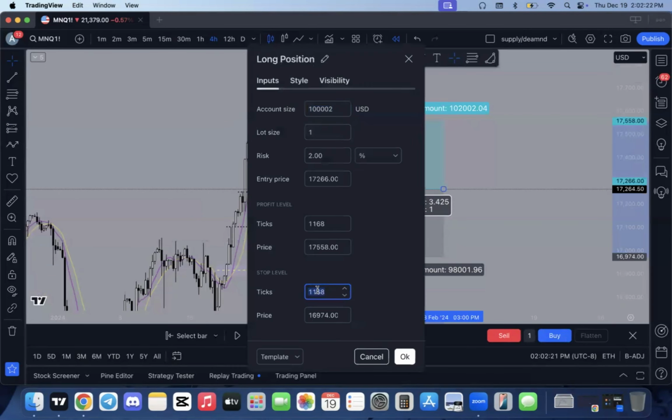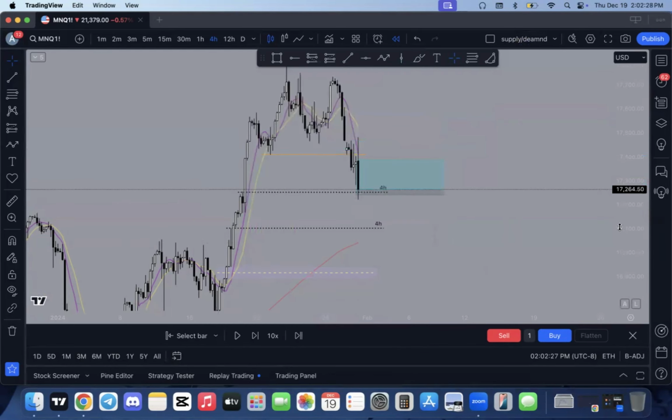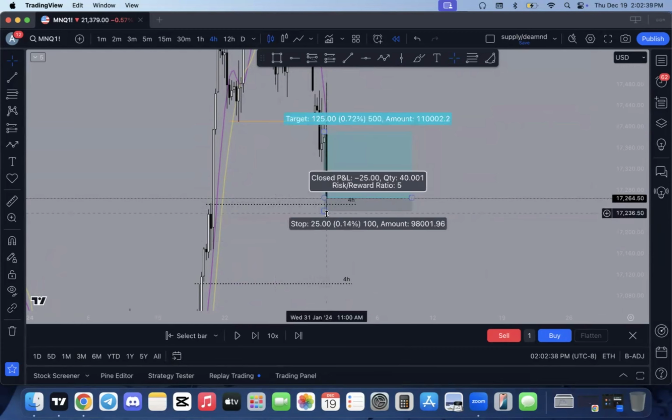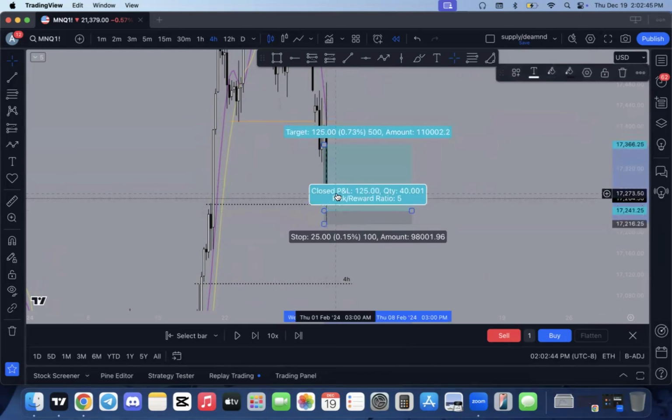I always personally have a 100-point stop loss and I aim for 500. Pretty simple, pretty easy. Obviously I would go down to a lower time frame to find a better entry or see it rejecting, kind of creating an inverse fair value gap, excuse me, on the 1 minute right here and possibly get an even lower entry.